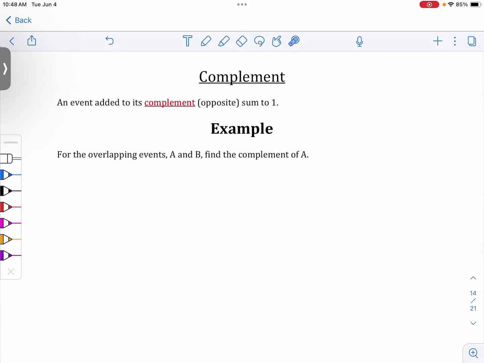All right. The complement. So this is that notation that I was talking about, not. If I have the event A, the complement of A, we write it as A naught or A^C. I like the A naught because the A with the bar over it is very fast to write.